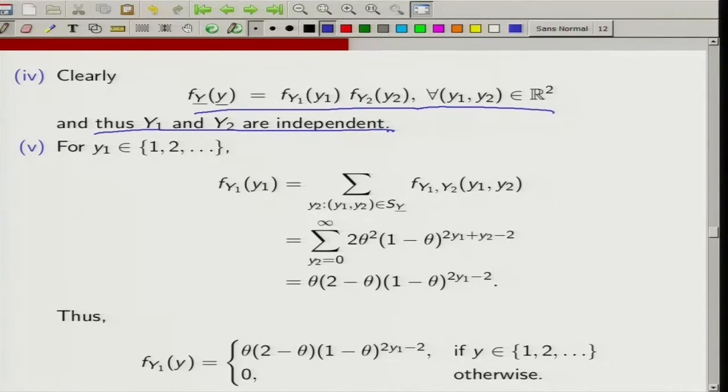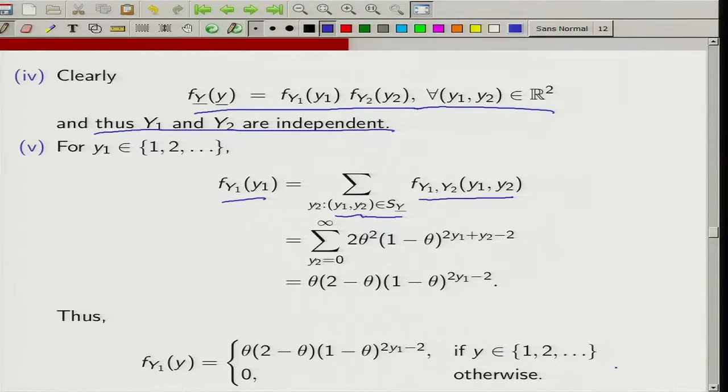Now, from this joint probability mass function of y1, y2, I can find out the marginal of y1, which we have already done directly earlier. Now, I try to use the joint probability mass function of y1, y2 to find the marginal of y1. So, what I have to do is sum out the unwanted variable. So, I have to sum over y2 such that (y1, y2) belongs to S_Y.